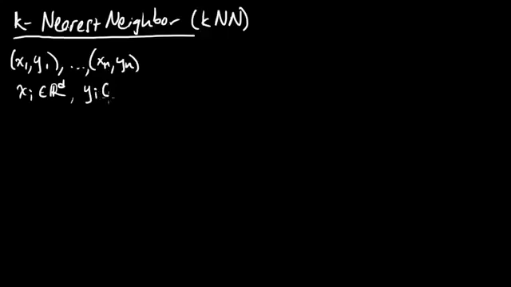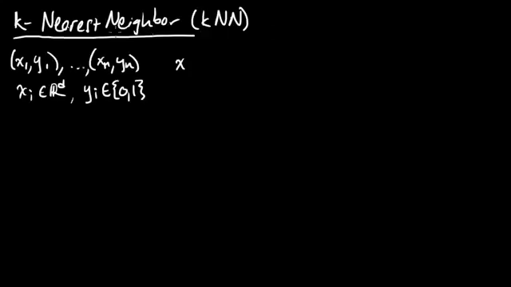For now, let's think about binary classification, where the y's take only two possible values. We're given these data, and then we're given a new x, and we have to classify what the y corresponding to that x is.